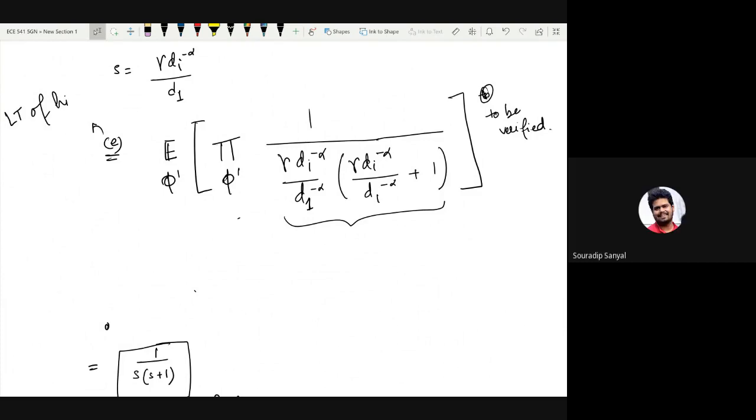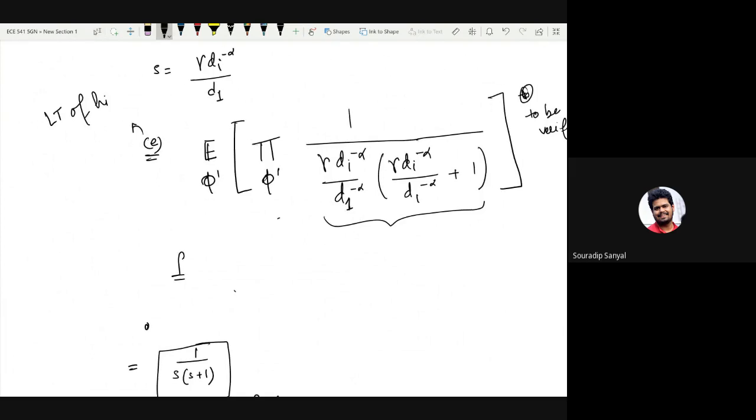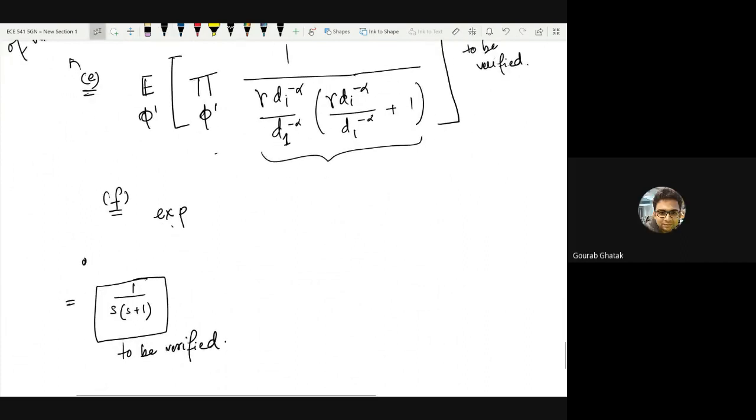Yes, it's exponential of minus lambda integral of 1 minus the function. Yeah, one minus. So which is 1 by gamma. Okay. So what will it be? Can somebody tell me what I should write here?